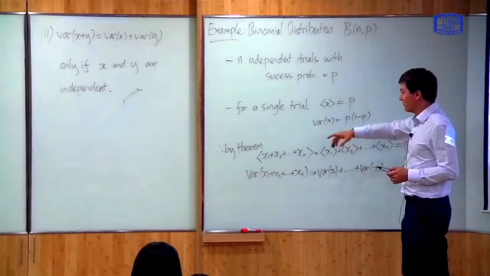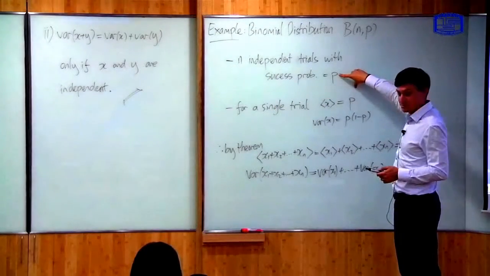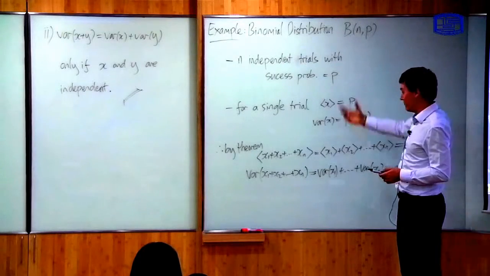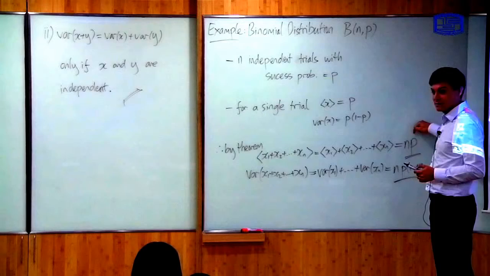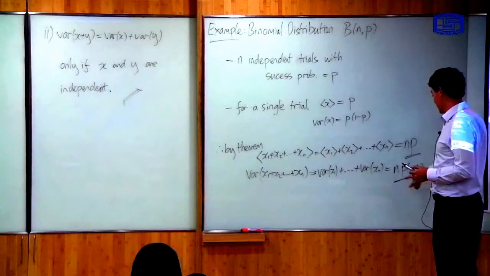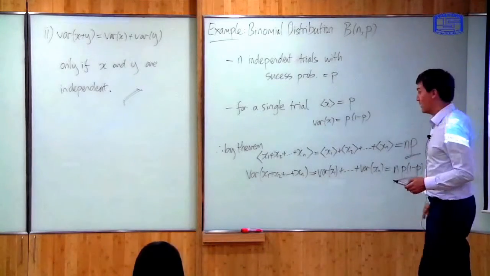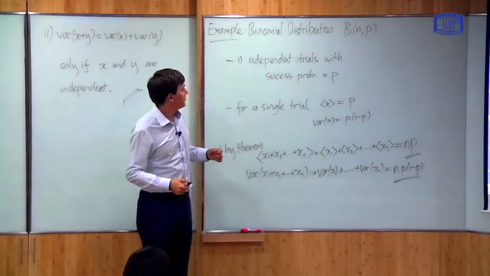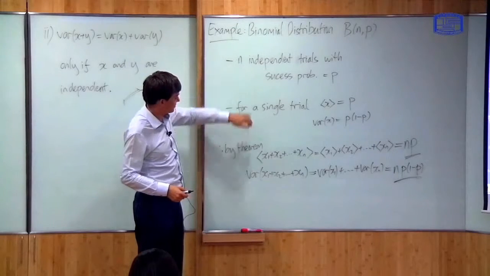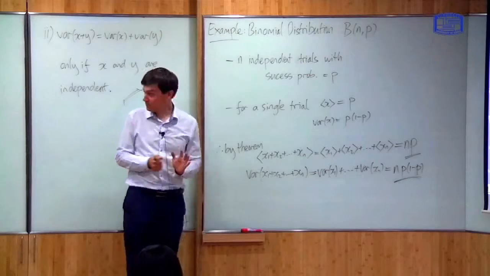So if I try to do something n times, and each time the probability of success is p, then the average number of times I succeed is equal to n times p. The variance in the number of successes is n times p times (1 minus p). So we've worked this out without actually having to calculate the form of the distribution exactly, just by using this theorem about adding independent events together.